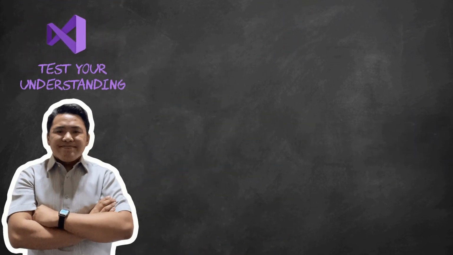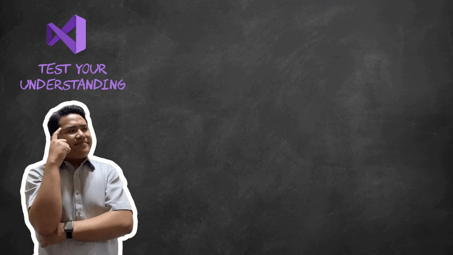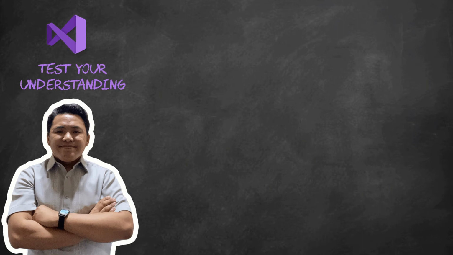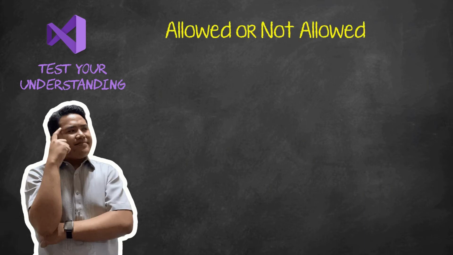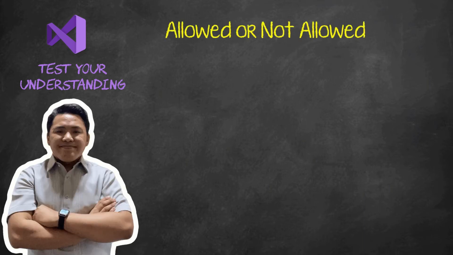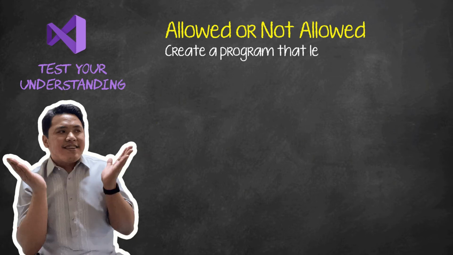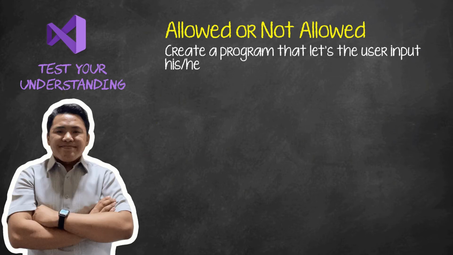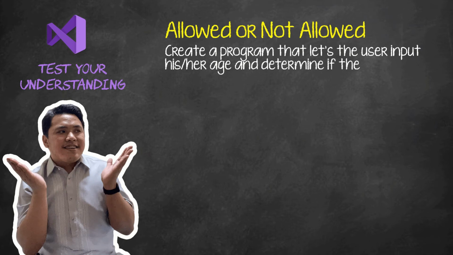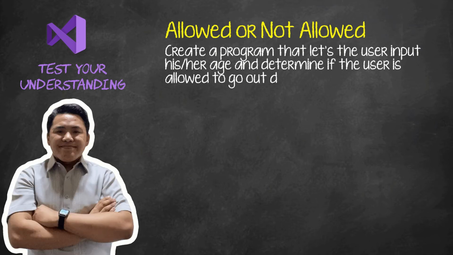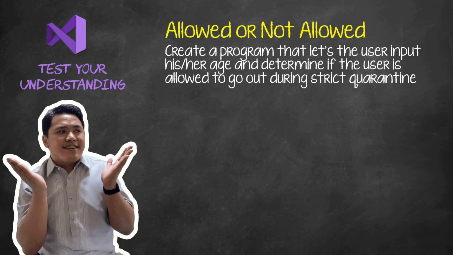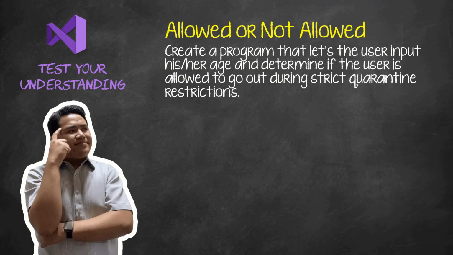Let us now test what you've learned by doing the sample program shown on the screen. The title of the program is Allowed or Not Allowed. You must create a program that lets the user input his age and determine if the user is allowed to go out during strict quarantine restrictions.